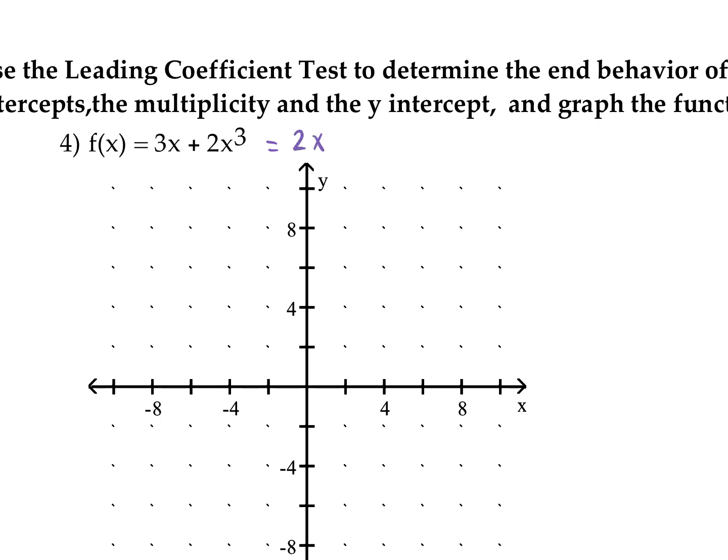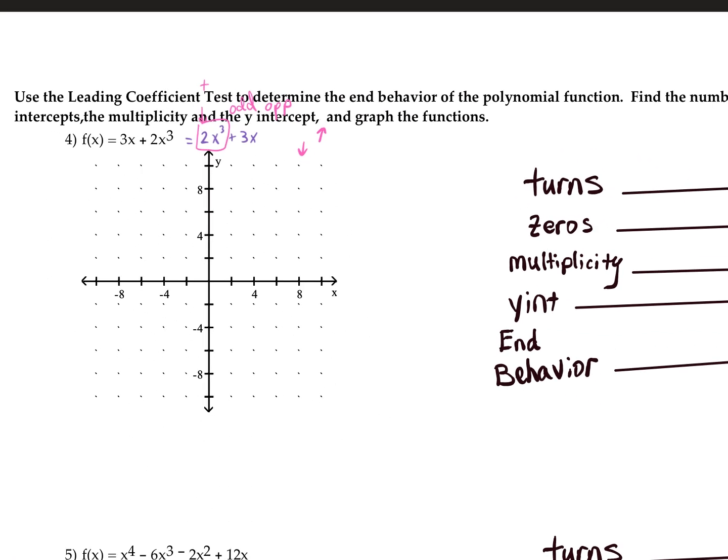So we have 2x cubed plus 3x. We look at the highest degree to determine the end behavior. So since 3 is odd, that means they go in opposite directions, and 2 is positive. So the right arrow is going to go up and the left arrow goes down.